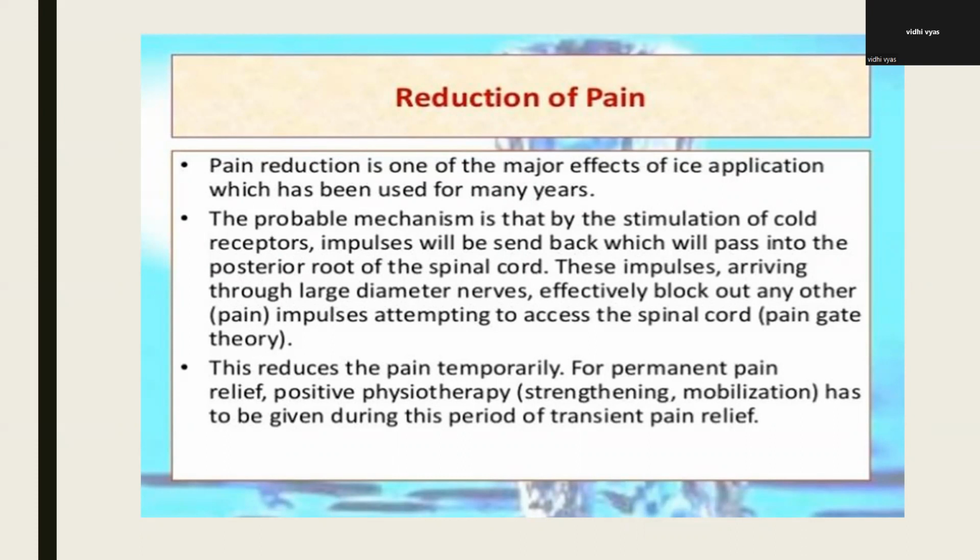These impulses arriving through large diameter nerves effectively block out any other pain impulses attempting to access the spinal cord. Pain gate theory. This reduces the pain temporarily. For permanent pain relief, positive physiotherapy, strengthening, and mobilization have to be given during the period of transient pain relief.